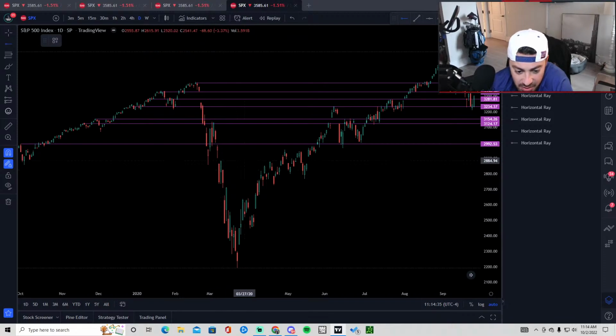So these are the areas, and even down here too. I'll probably work with a few of these because you can see there's a lot of consolidation in these areas. I just try to find the areas where there's a little bit of support, resistance, and back and forth. You can see where it's tested a few times.